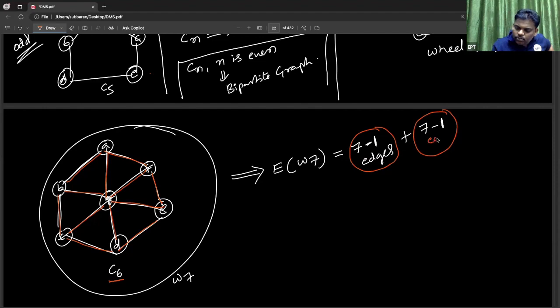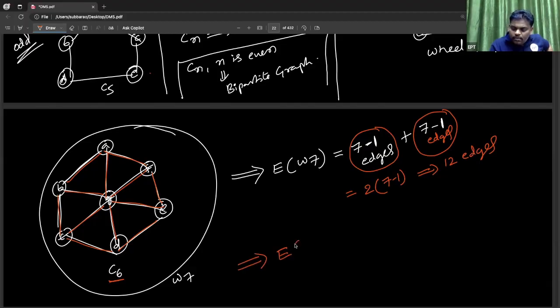Total, how many edges? 2 into 7 minus 1, so 2 into 6, totally 12 edges. Count if you want. Which can also be written another way.